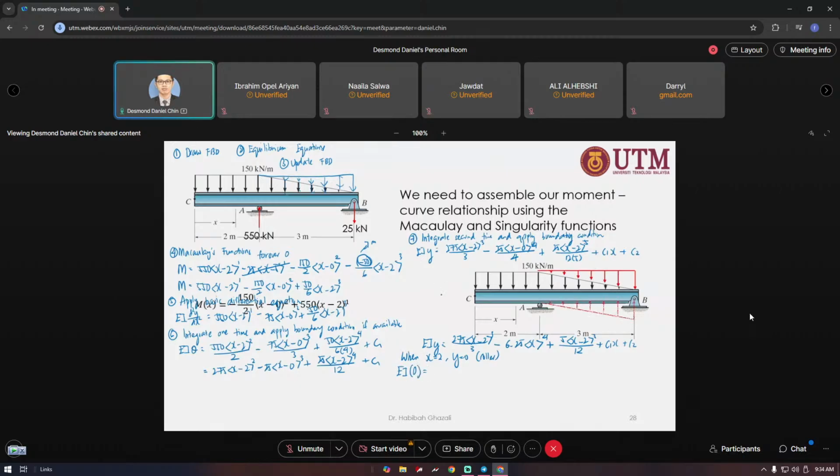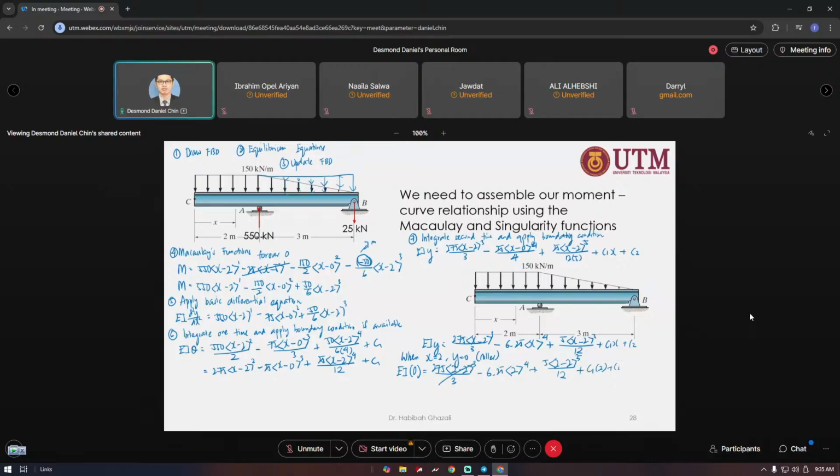So EI y, 0 equals to 275 times 2 minus 2 cubed divided by 3 minus 6.25 times 2 to the power of 4 plus 5 times 2 minus 2 to the power of 5 divided by 12 plus C1 times 2 plus C2.